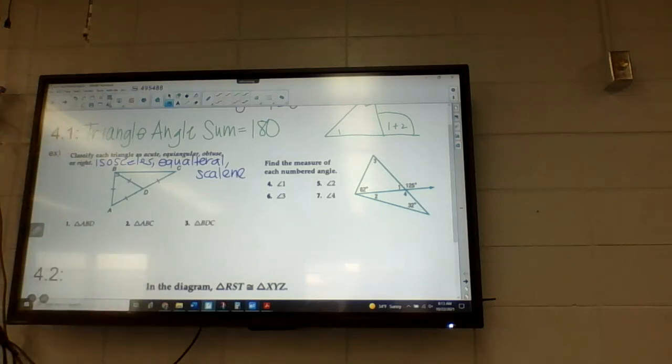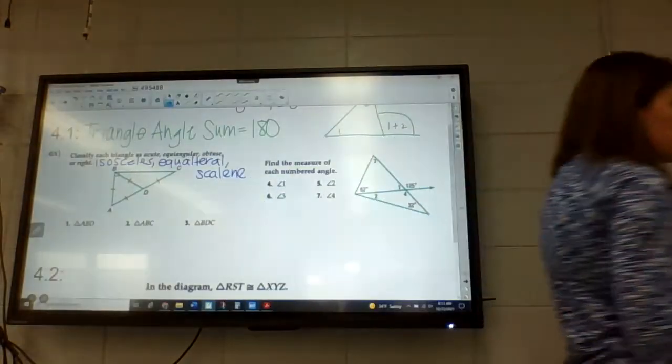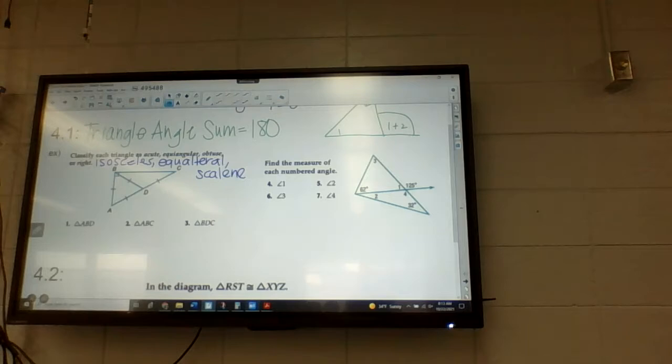Those are a few other words we have for those. So for each of these, let's put down two different words. So classify it based off the angles and then also off the side lengths.